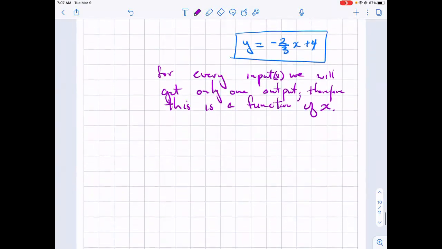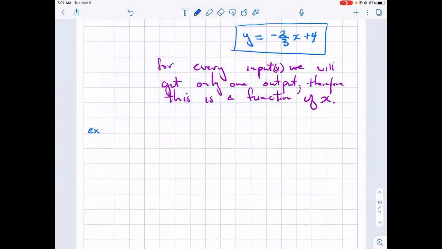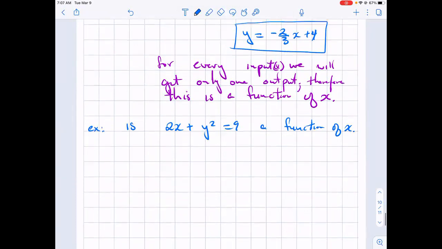Let's look at another example. Is 2x plus y squared equals 9 a function of x? Now, very important, right? When we say function of x, you have to try to solve for y. You have to leave y by itself.